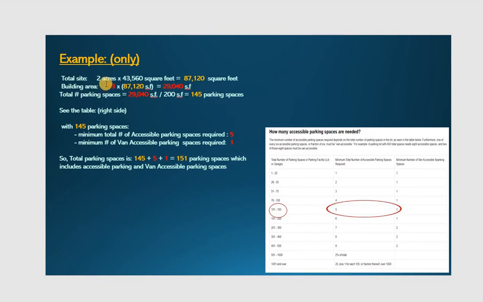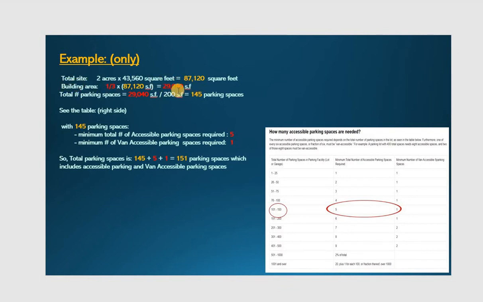So I take 1/3 times 87,120 square feet, and I get 29,040 square feet. That's the area of the building.